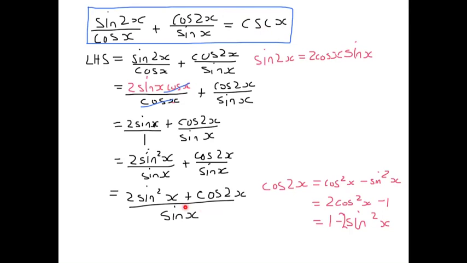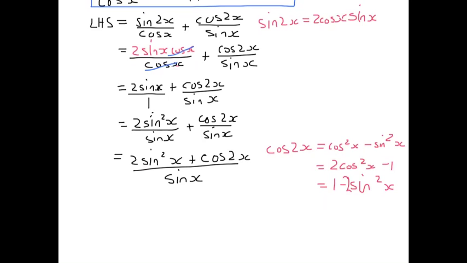And I've got a sine x down here, which is almost like cosecant x, except for the fact that I've got a bunch of junk up here. So probably the identity that I'm going to use out of these 3 is this one, because that has a 2 sine squared x, just like I have over here. So let's see what happens when I do that.